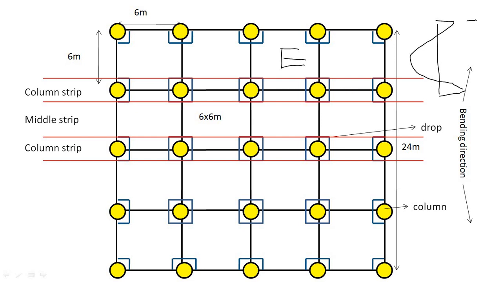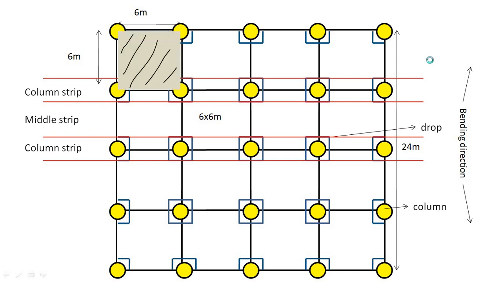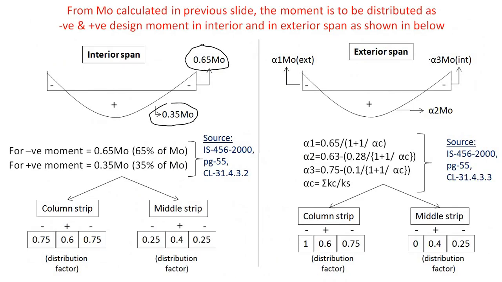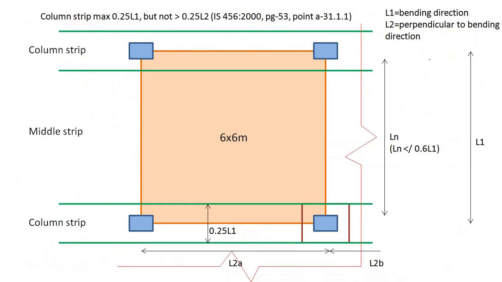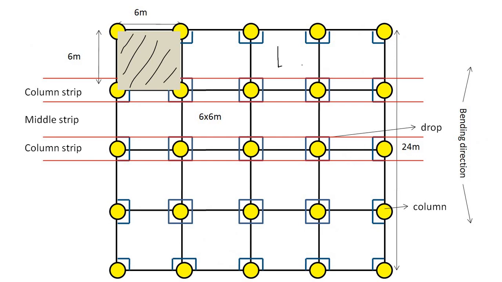Here it will be negative and here it will be positive. In an exterior span we have to consider the exterior support and the interior support. If we consider this the exterior span, this is the exterior support, because it is the last support, and this is the interior.